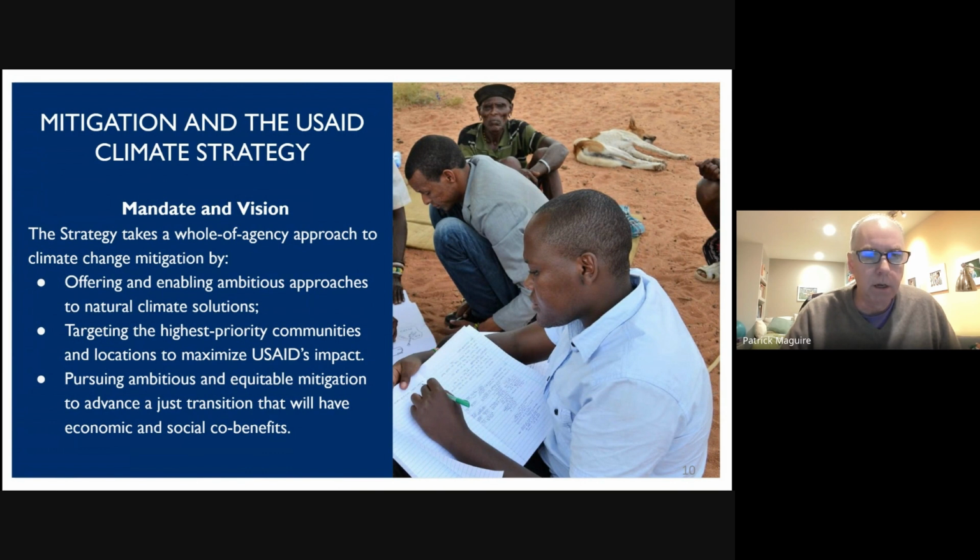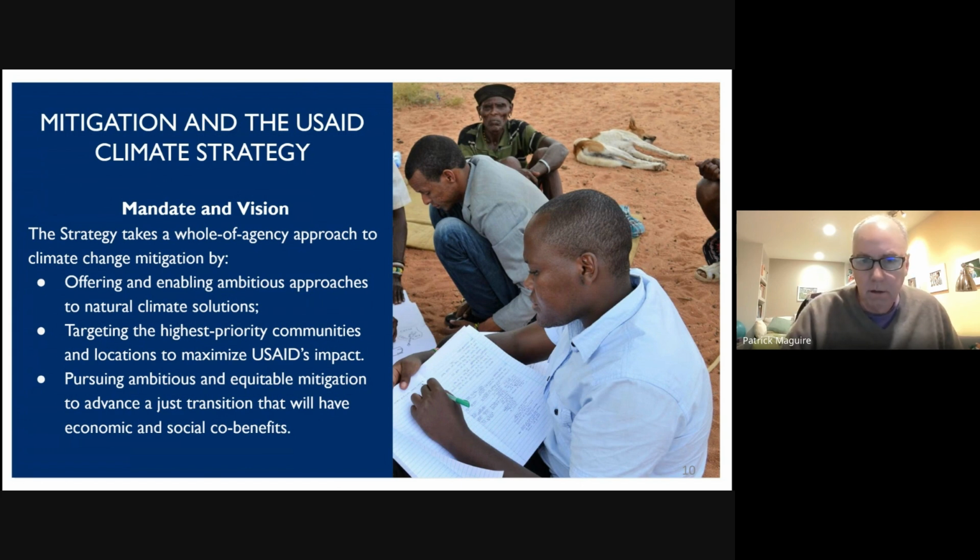This next slide is just looking at how this all fits within the climate strategy for USAID. This strategy came out in 2022, and it takes a whole of agency approach to climate change. So all activities are meant to help contribute to thinking about the impacts and the potential solutions to the climate change challenge.